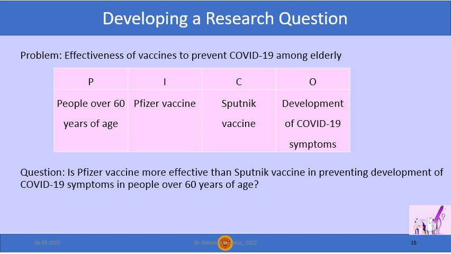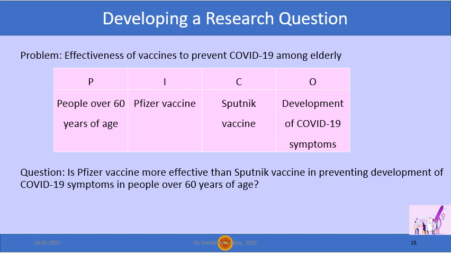Determine the outcome or result you want to measure or observe. Then there's another column that I have not put here, which may not be used all the time, but it's the T if you are using the PICOT format. So if time is a crucial element in your research question, then specify the relevant time frame.